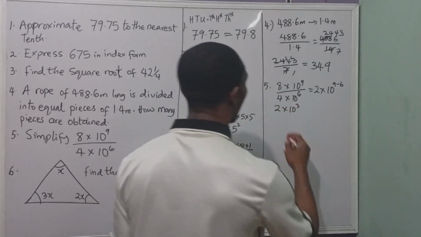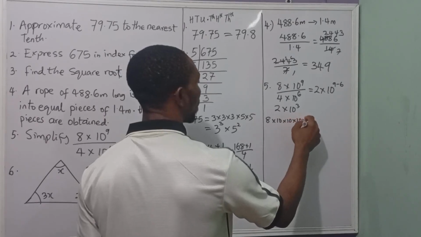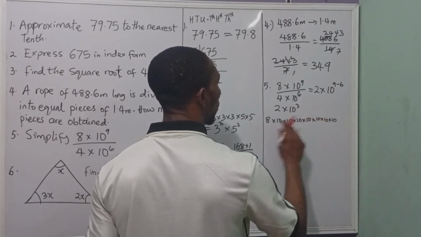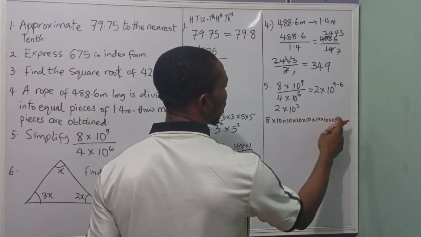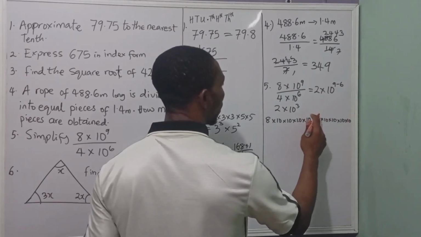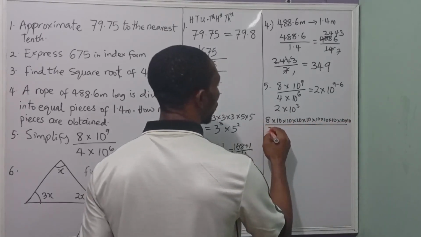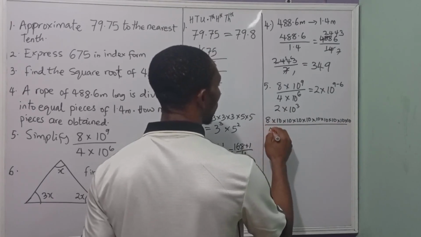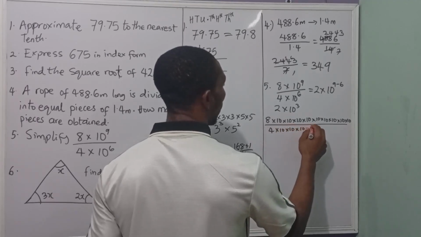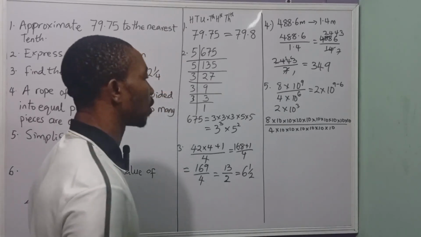Alright, let's look at it. Let's expand this. If we have 8 times 10 in 9 places, 1, 2, 3, 4, 5, 6, 7, 8, 9, divided by 4 times 10 in 6 places, 1, 2, 3, 4, 5, 6.